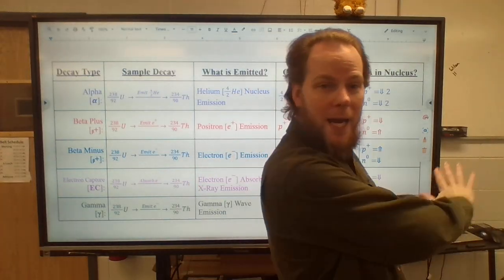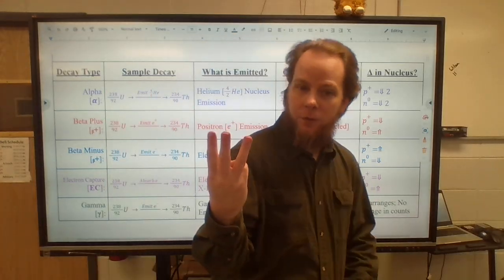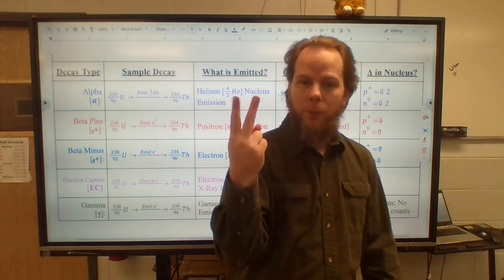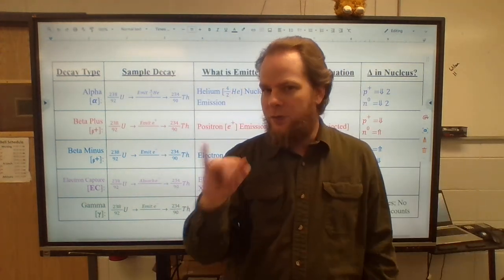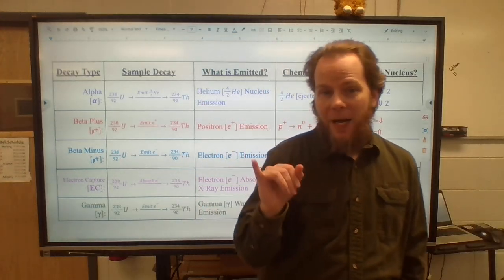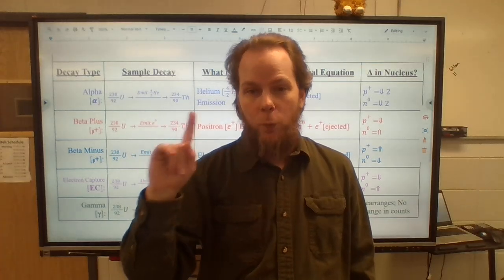If you think way back to Unit 3 of physical science, we talked about protons, neutrons, and electrons: how protons and neutrons have basically the same mass, but electrons are much, much smaller. It takes about 2,000 electrons to equal the mass of one proton.